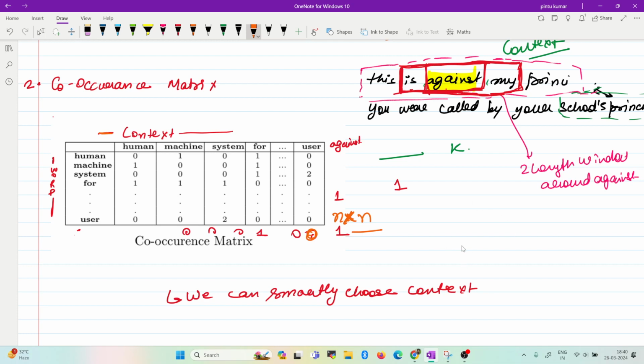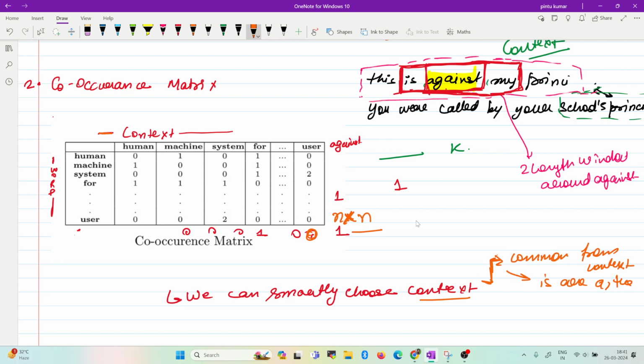So what we can do is smartly choose our context. We can remove some common words from the context. Common words like is, are, a, the: even if you remove these, the counts won't make a lot of difference.